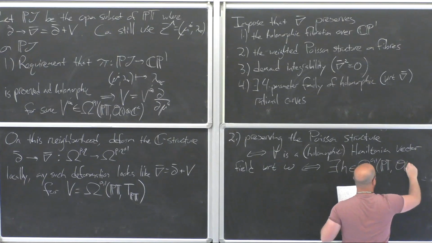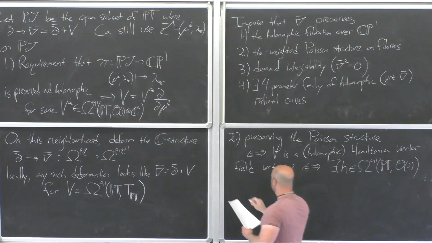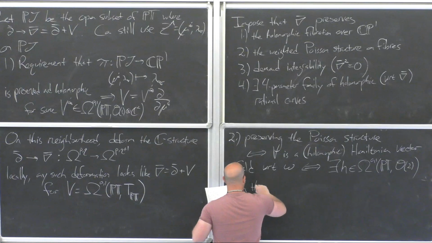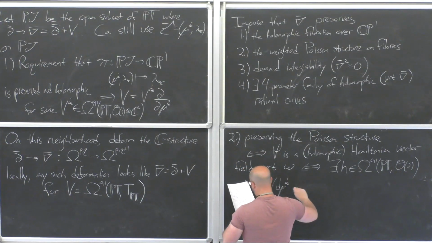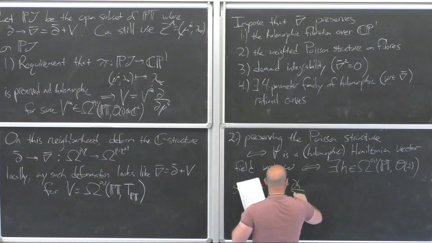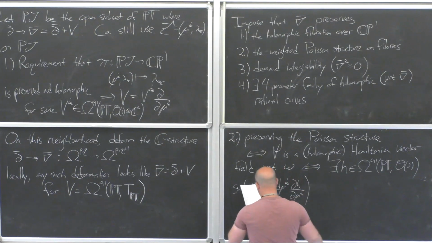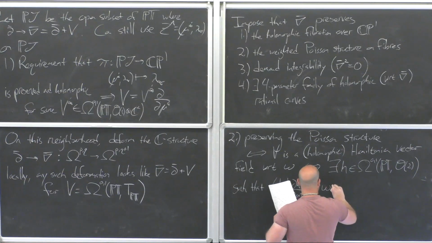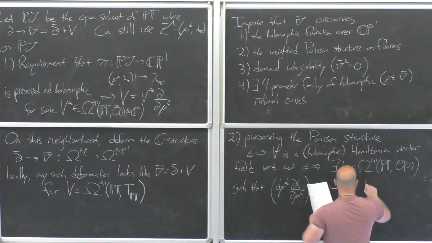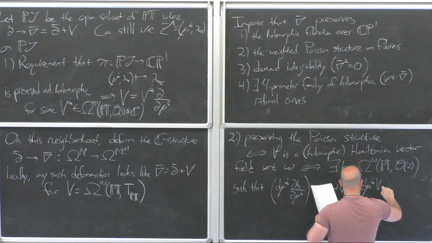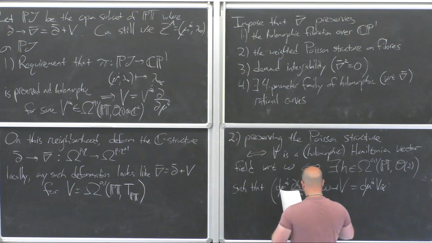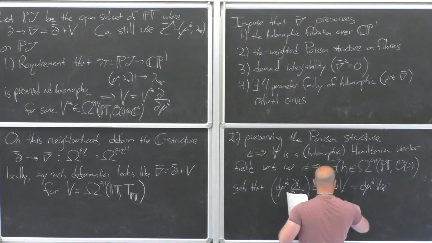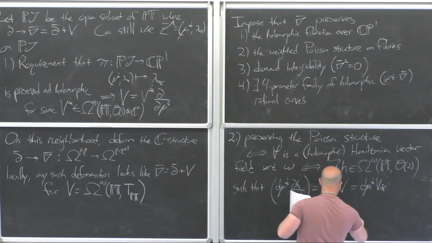It'll have to carry some weight, O(2), such that the exterior holomorphic derivative on the fibers of h is equal to the inner product of the symplectic form with V, and that's just d mu alpha dot V alpha dot, and that is the same as saying that V alpha dot is equal to dh by d mu alpha dot.